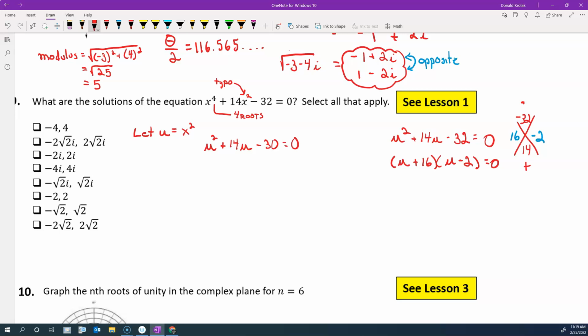So I turned it into something that I know how to factor. Now this is easy to factor. So it's going to factor into those two things.